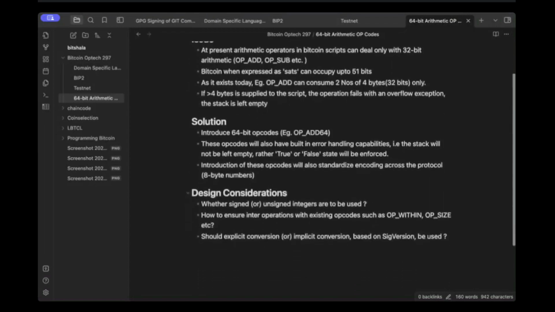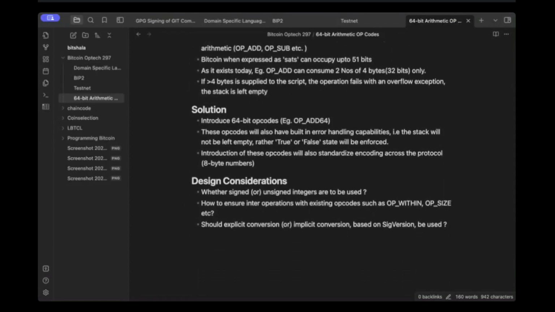So, in order to address this issue, the contributors want to introduce 64-bit opcodes. Right now, the proposal is to introduce separate opcodes, like OP_ADD64, to go along with OP_ADD, which is a normal 32-bit operation.